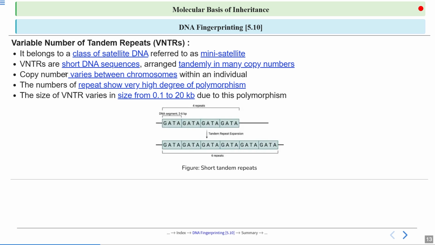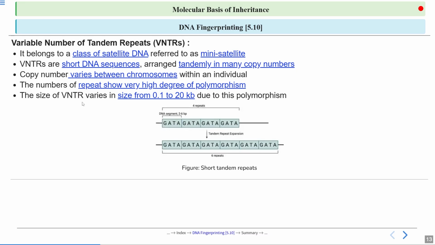Now, these copy numbers, whether 4, 6, 8, 10, 15 or whatever, vary between chromosomes within an individual. So the number of repeats shows a very high degree of polymorphism, and it tells how much the polymorphism is.